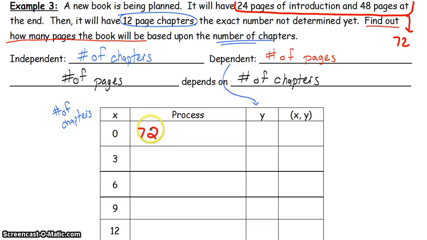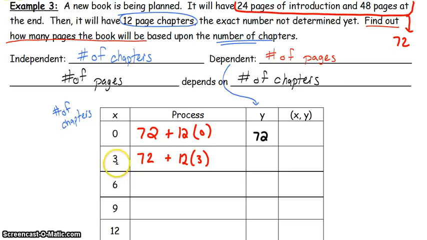If there's no chapters, it's just an introduction and the 48 at the end. If there's 3 chapters, it's the introduction, 48 in the end, plus 12 pages times 3 chapters. Same thing here, 12 pages, but it's times 0 chapters. So if there's no chapters, it's those 72 pages.